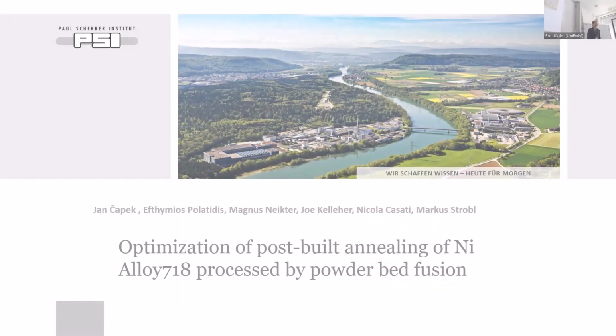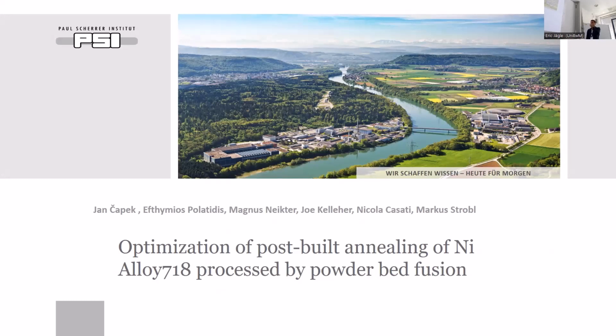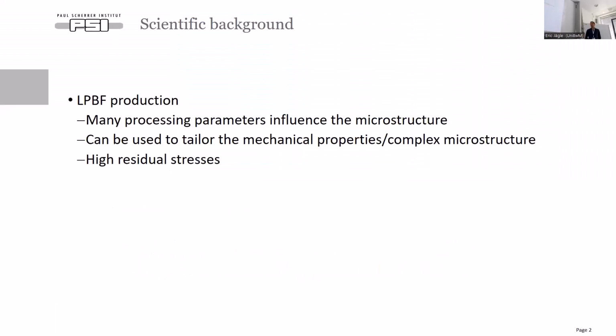Thank you for the introduction. Today I will talk about neutron diffraction and synchrotron X-ray diffraction and their synergy in studying the building processes in the nickel superalloy. Just a few key points from laser powder bed fusion.